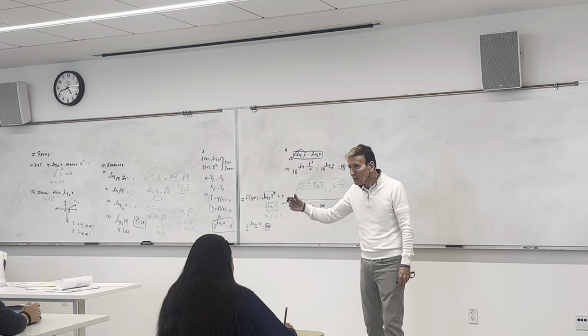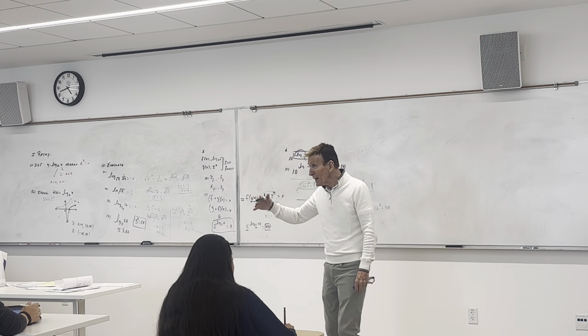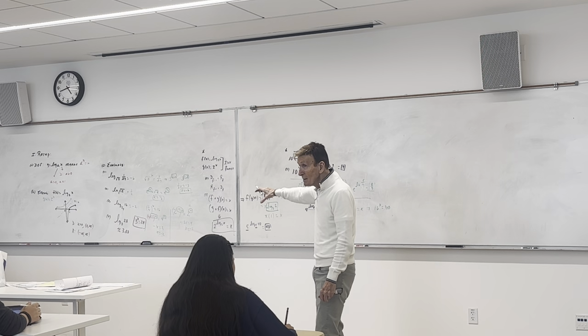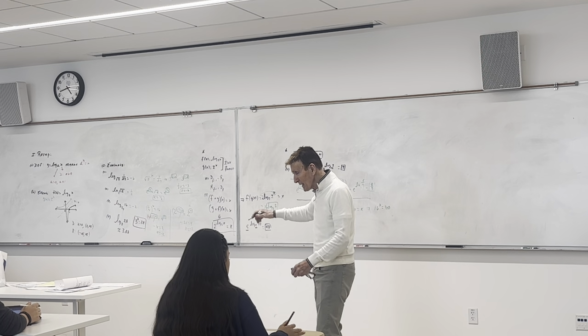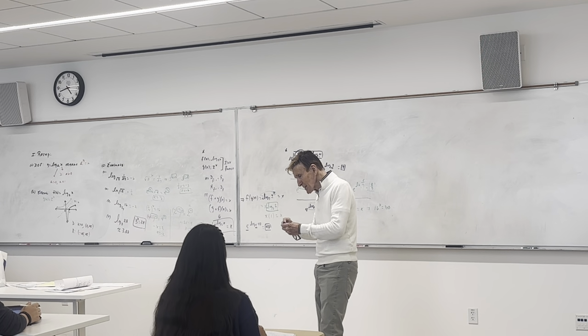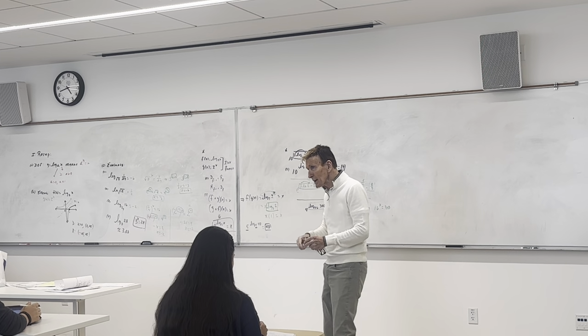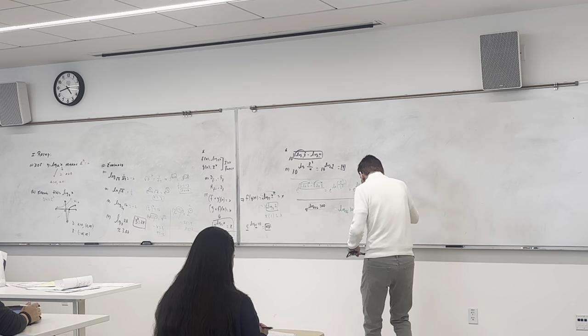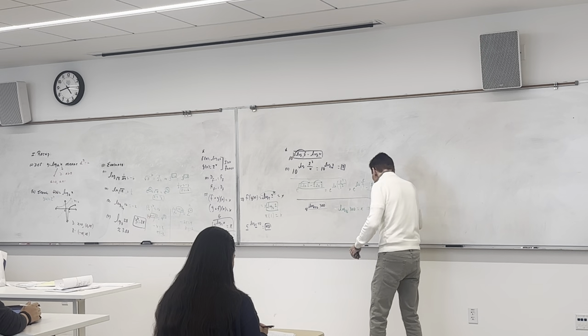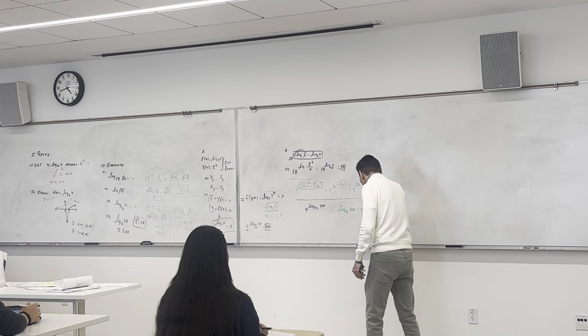Still, I cannot write each side in terms of a common base like some of these others. When a situation like this happens, you could say, Professor, can I introduce a log, as long as I do it on both sides?